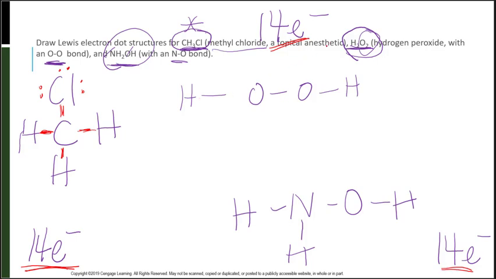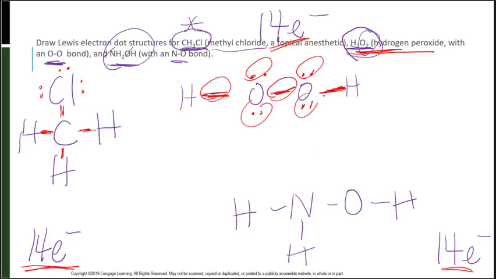Let's look at our hydrogen peroxide here. Each hydrogen is happy with 2, but each O only has 2, 4. So we need 5, 6, 7, 8 on each. How many is that? 2, 4, 6, 8, 10, 12, 14, and we are done there.